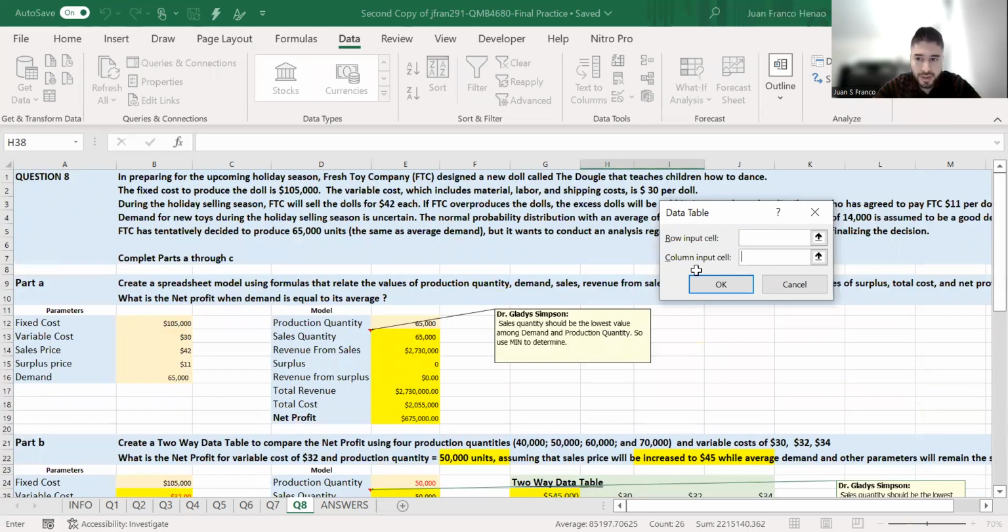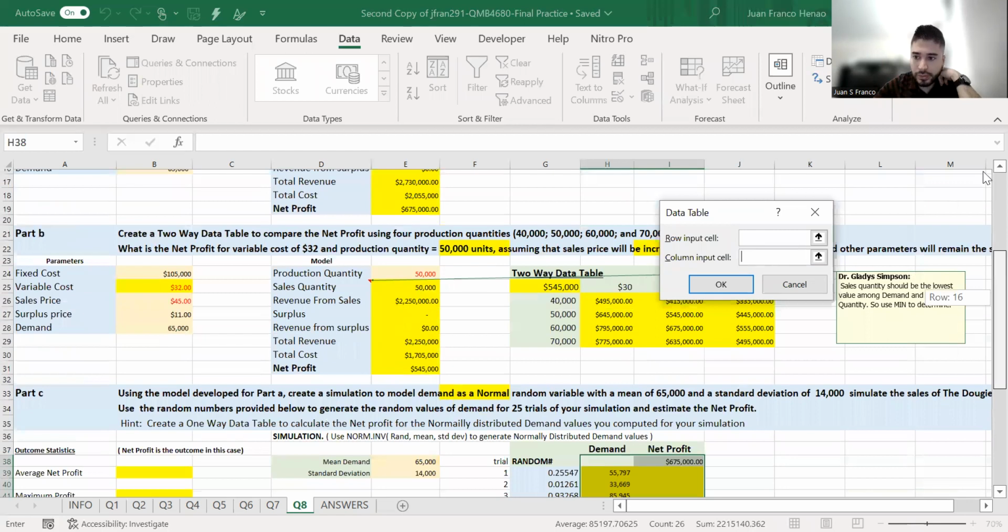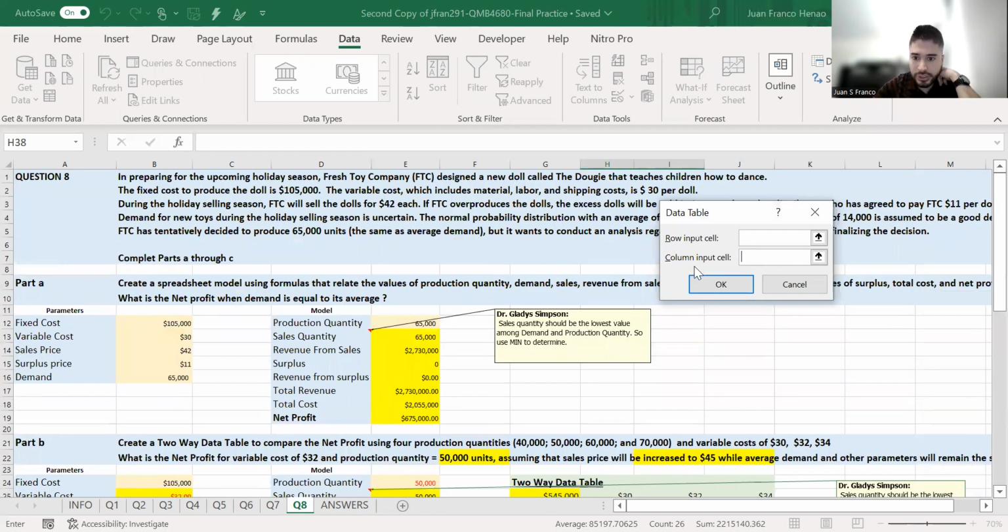So I wonder if I choose anything, because if I reference the demand from part A, will it modify part A and change the values and we will get a wrong answer?